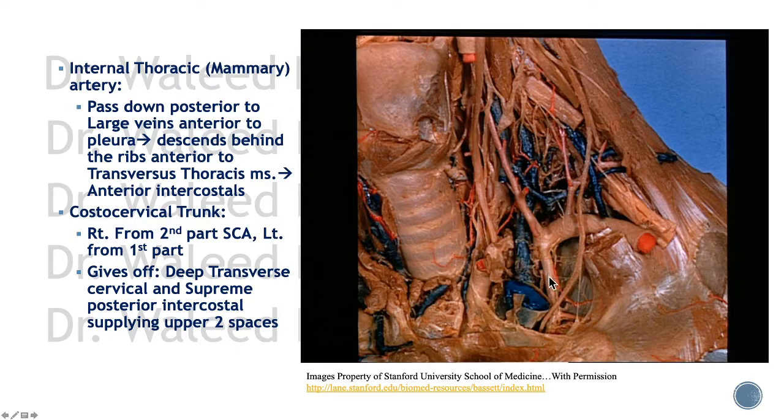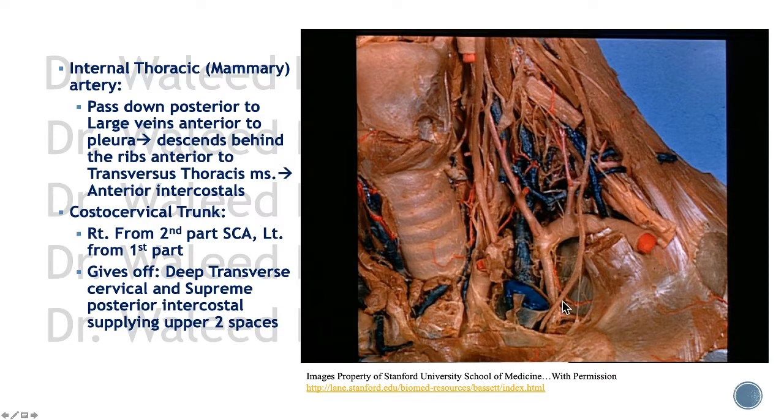Descends behind the brachiocephalic vein and enters the thoracic cavity, right behind the posterior surface of the ribs, but anterior to the transversus thoracis muscle that lies on the posterior surface of the anterior ends of ribs. So it will be in contact with the intercostal spaces.